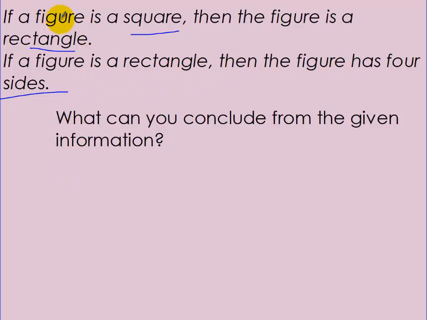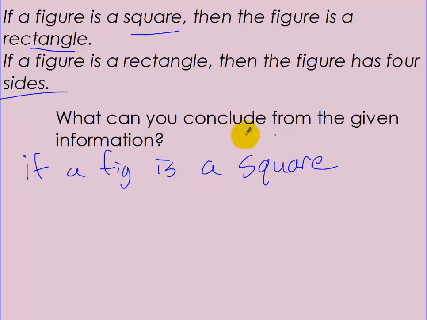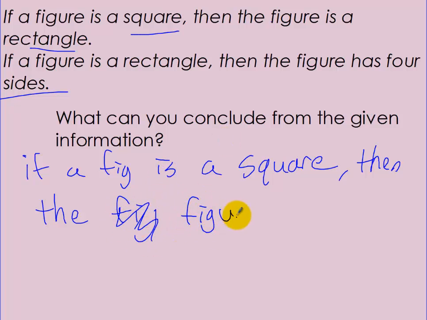So I could skip the middleman here and go: if a figure is a square, then the figure has four sides. So this is using that law of syllogism. It's just connecting the start of the first hypothesis with the conclusion of the second one.